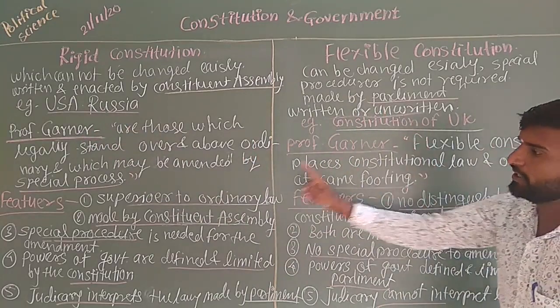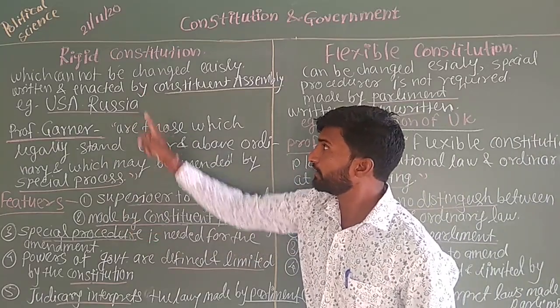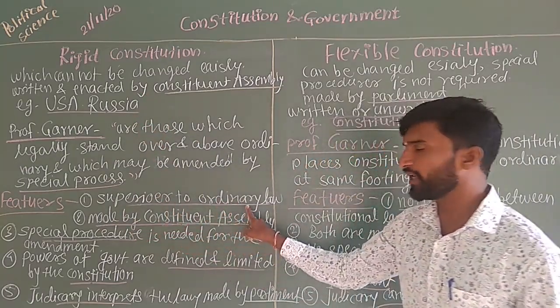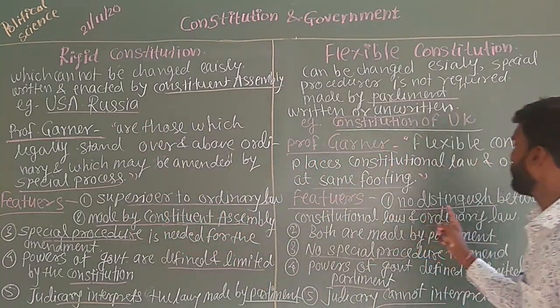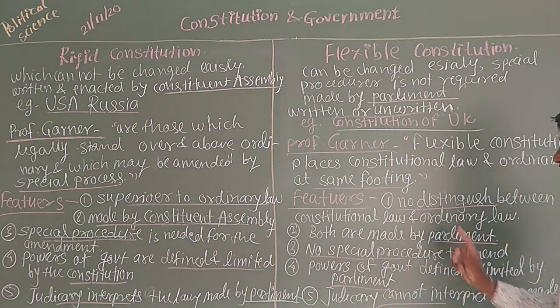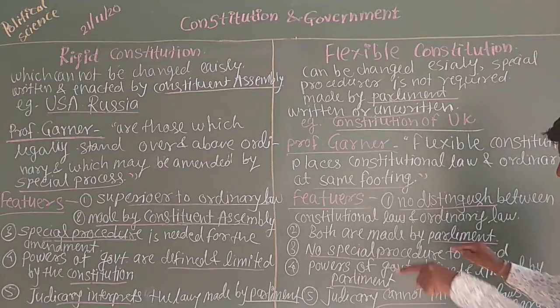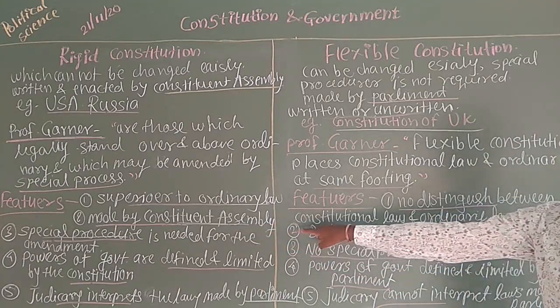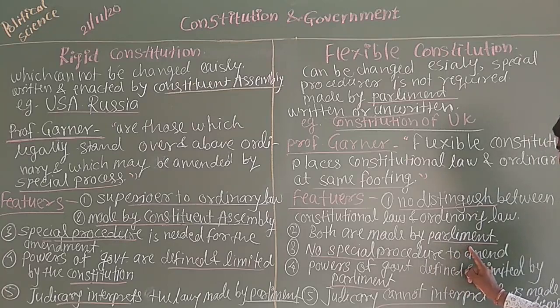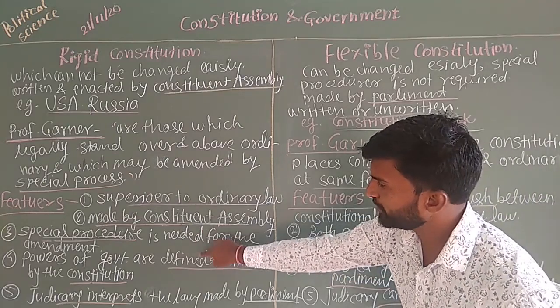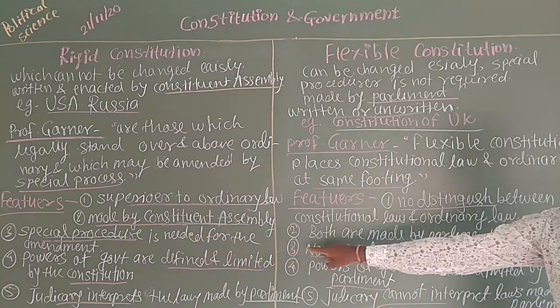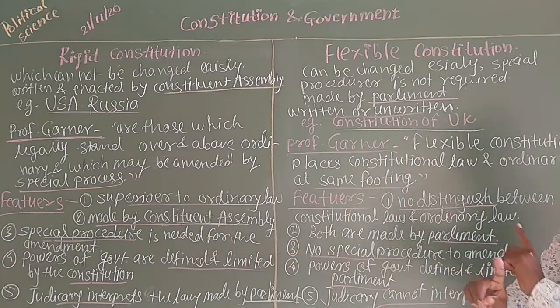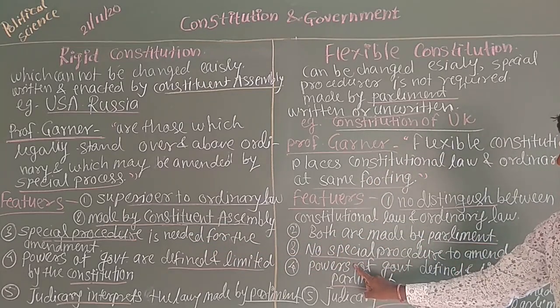Okay, definition. Then features: a rigid constitution is superior to ordinary law, but here there is no distinction between ordinary law and constitutional law. Both are the same. Made by Constituent Assembly, here it is made by Parliament. In the rigid one, a special procedure is needed; in the flexible, no special procedure is needed.